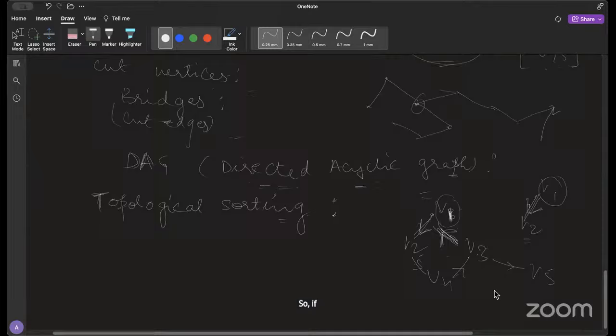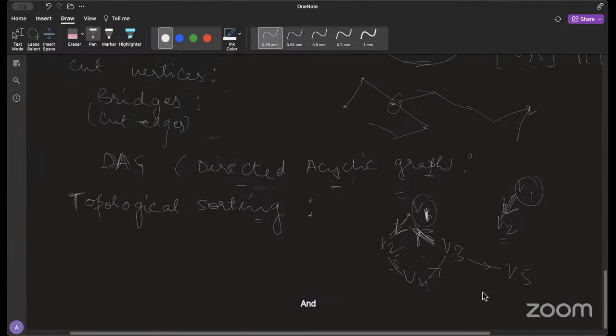So if this is your graph, and these are the dependencies, can I have an arrow like this, where V3 goes to V5 and V5 goes to V3 again? Ma'am, but this is not acyclic, right? Let's forget about acyclic for a second and see if dependencies can go this way. No, ma'am, I can't draw this, because it will create a cycle.